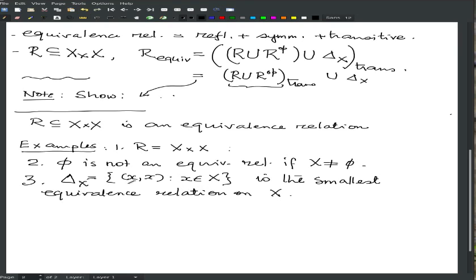Observe that you can interpret this like equality on X, because (x, y) would be in delta X if and only if x is equal to y.